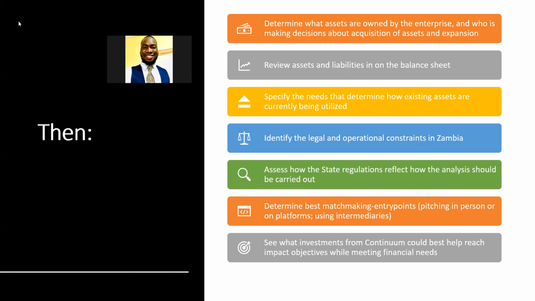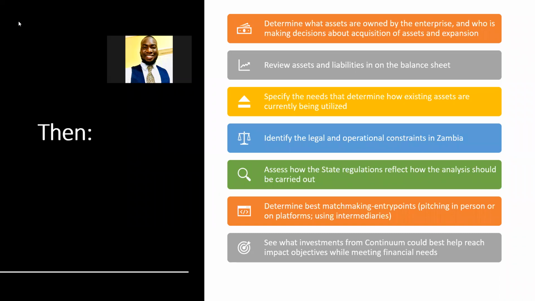At the same time, we also determine the best matchmaking entry points. So here we have, for instance, a number of activities like pitching in person or on deliberate platforms like the Investor Circle webinars, which we host.